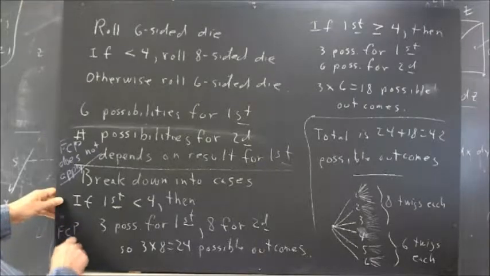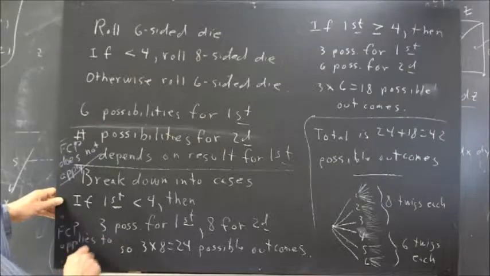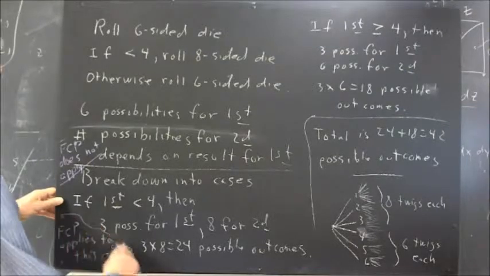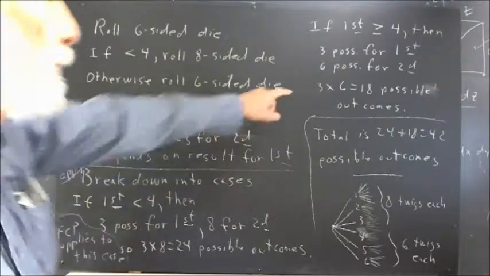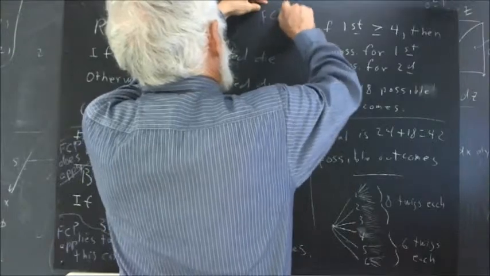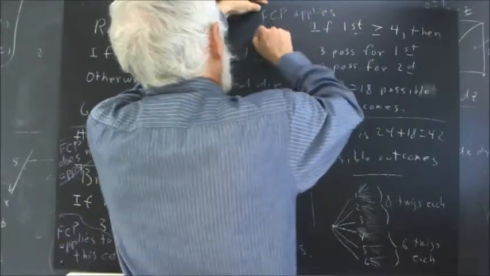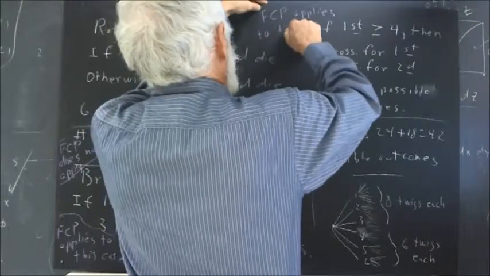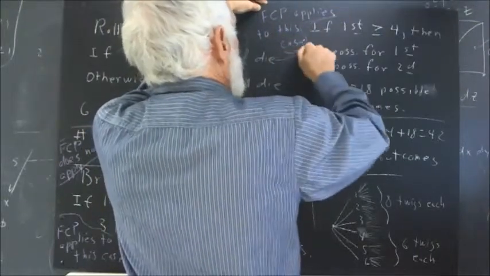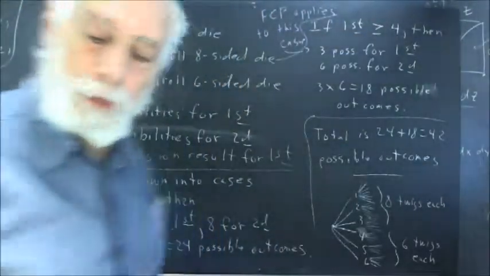So the fundamental counting principle applies to this case, and it also applies to this case, where the first die is greater than or equal to 4.